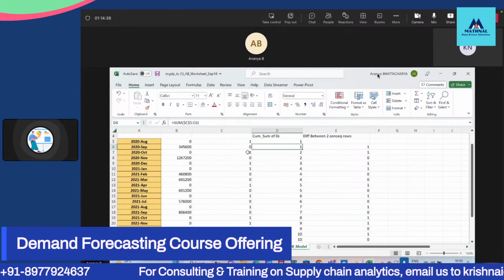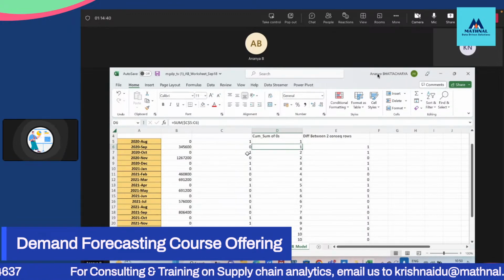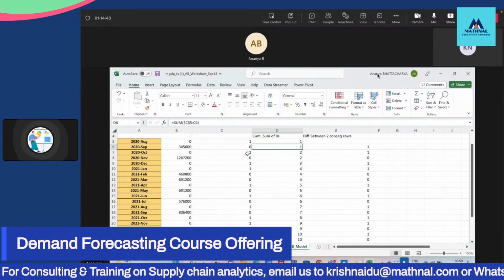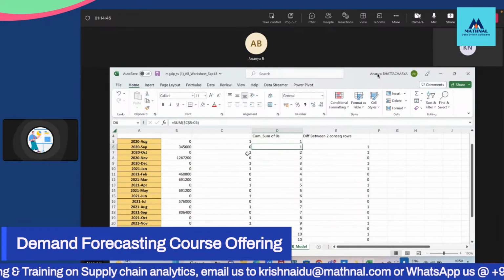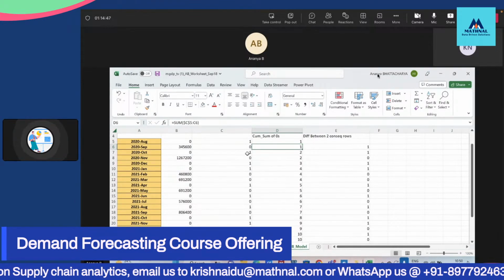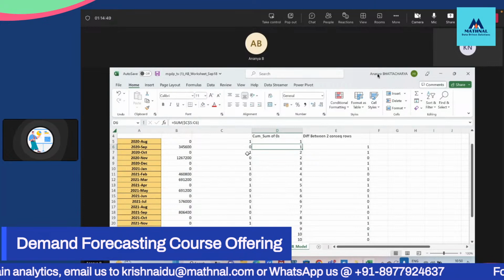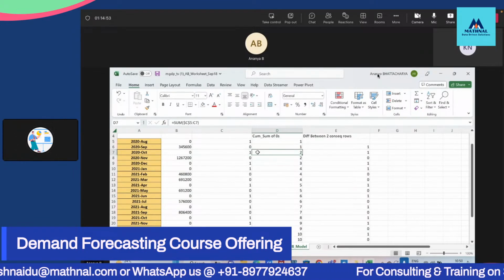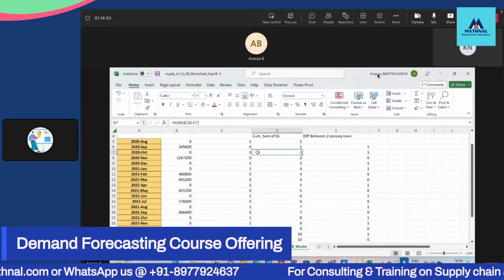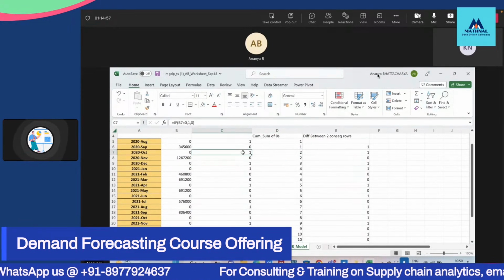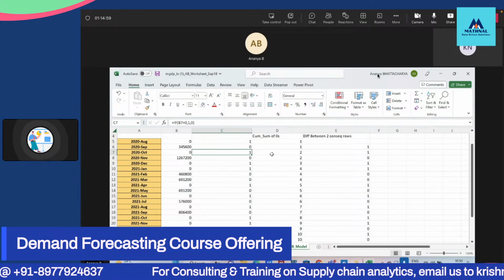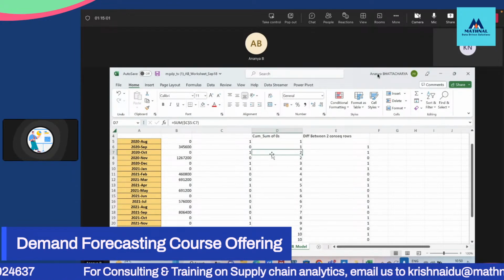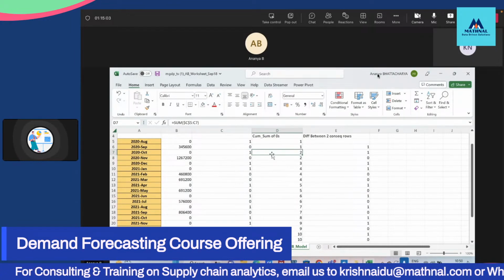1 0, that's okay, fine. Now when we do the accumulation, the first number is 1, the second number is 1 plus 0, so 1. The third number in column D should again start from 1.